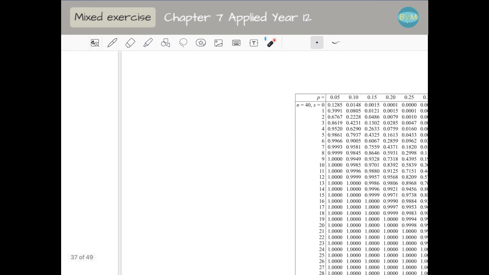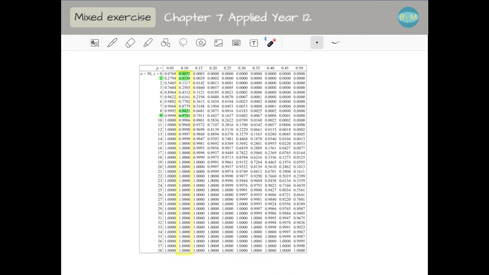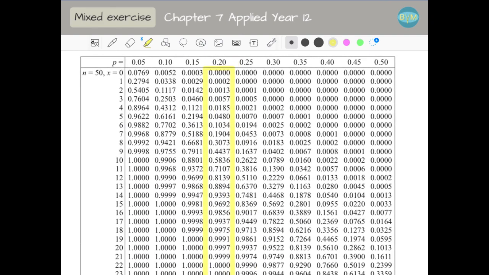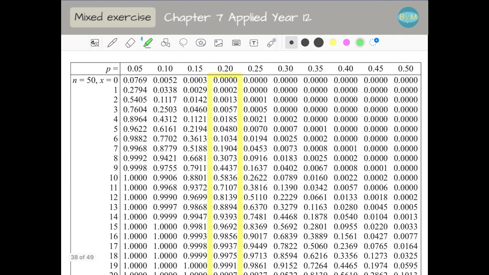So 50 and 50, these are the tables for the binomial. 50, 0.2 is this column here, and we need the closest to 0.025. So we have to choose between one above and one below, so this one and this one.